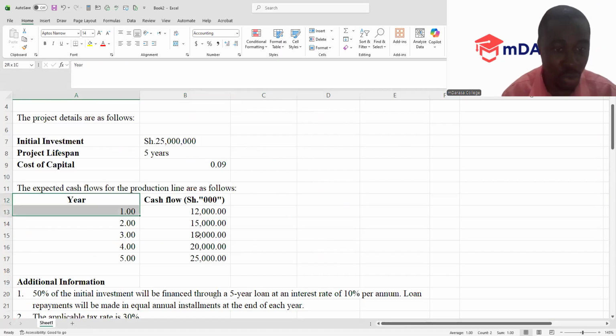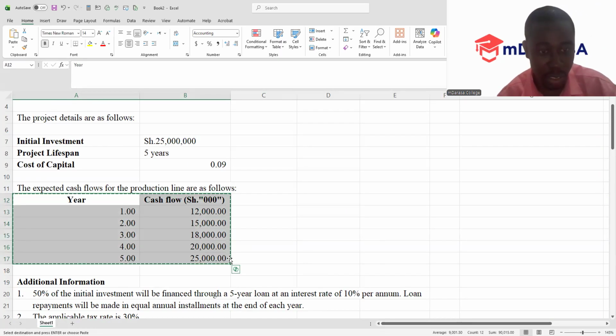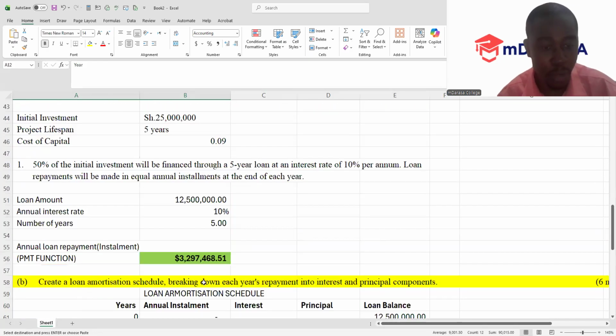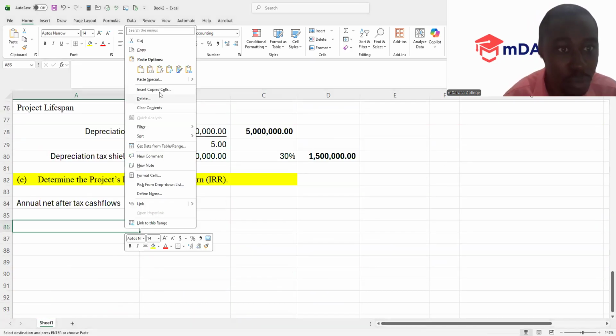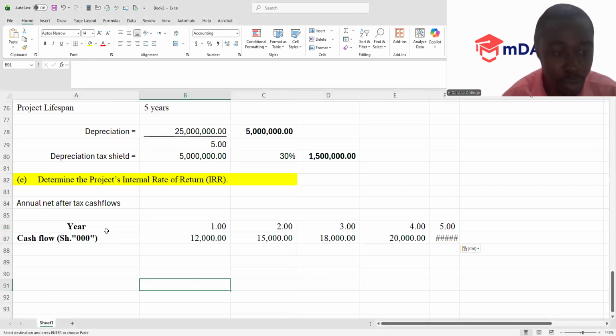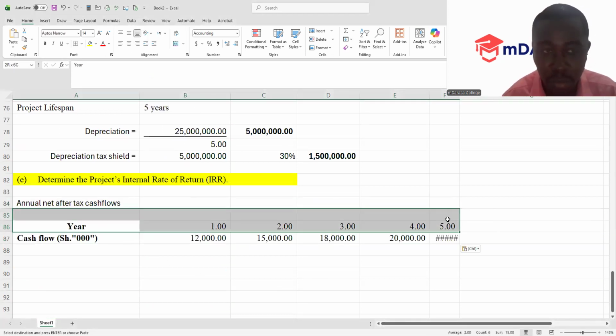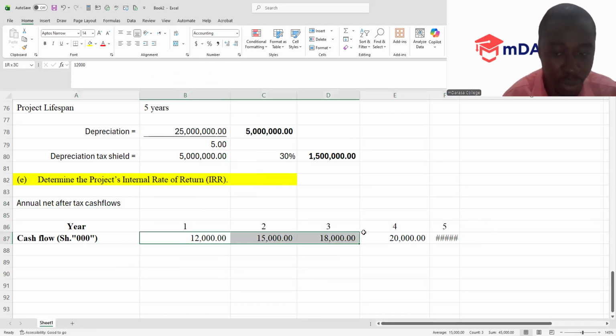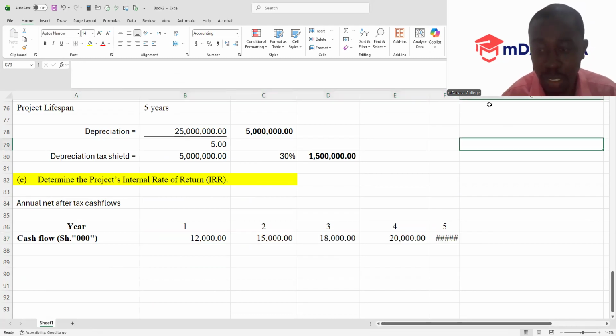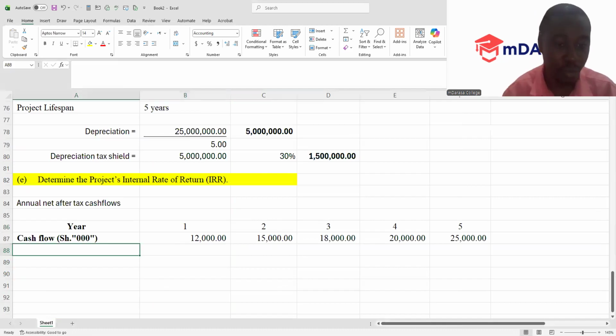So what we're going to do, of course, is take the data given here and transpose it here. So these are the periods given. We have the values given, but recall, we need to determine the annual net after tax cash flows.